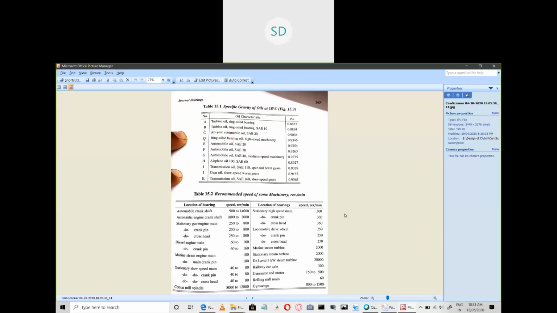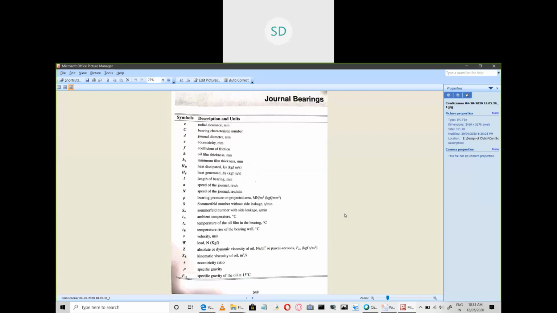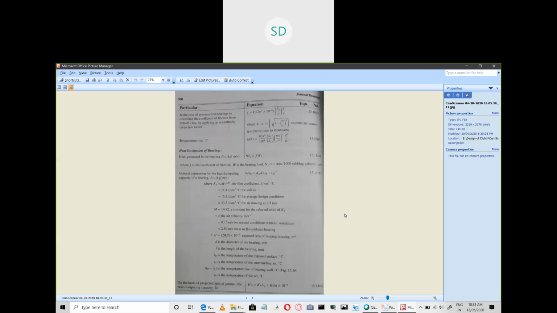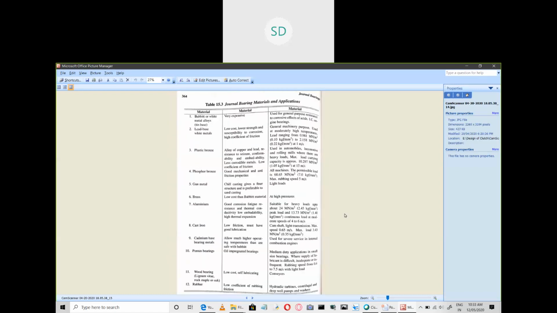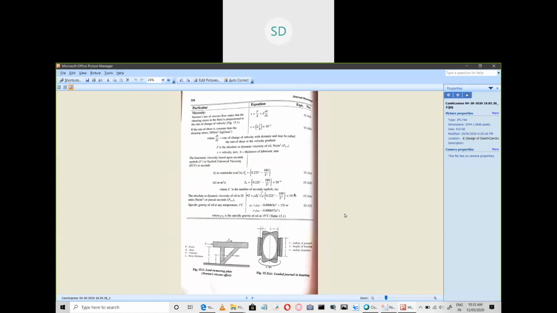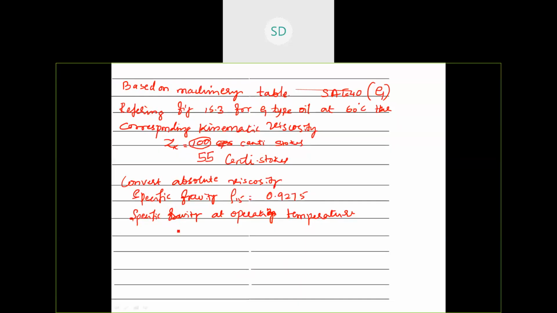To get this, notify equation number 15.1f first.